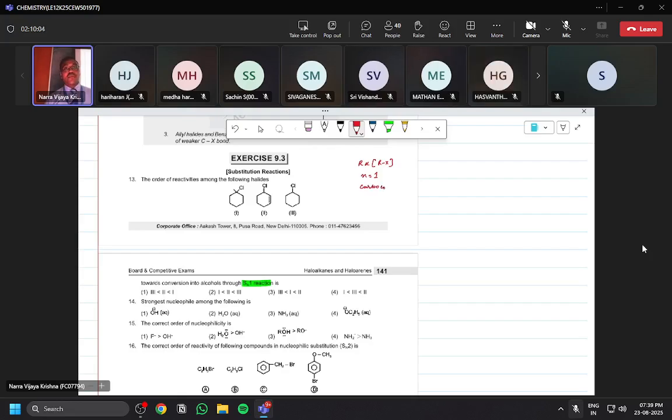Correct or not? More stable carbocations favor SN1. Solvent must be polar protic solvent. Polar protic solvent. Yes, sir.